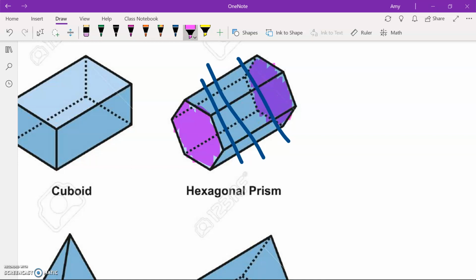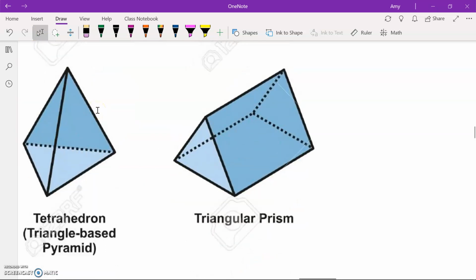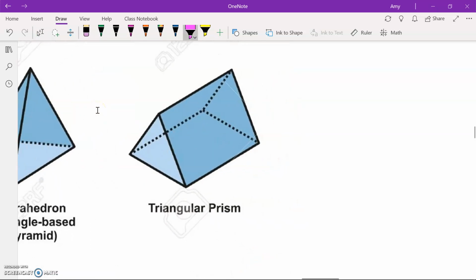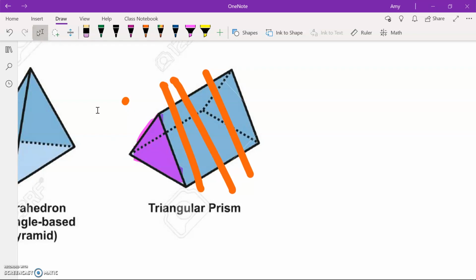It is critical that you can identify the base in a figure, that you are looking for that shape, that if you cut slices out of your prism, you would get the exact same shape every time. If we look at this triangular prism, once again, that rectangle on the bottom is not the base. Instead, we're going to call this triangle right here the base, because as I take slices out of my figure going this way, I get a triangle each time.